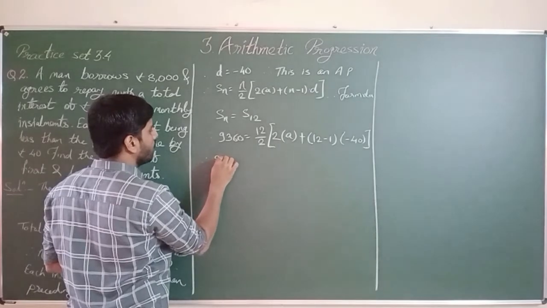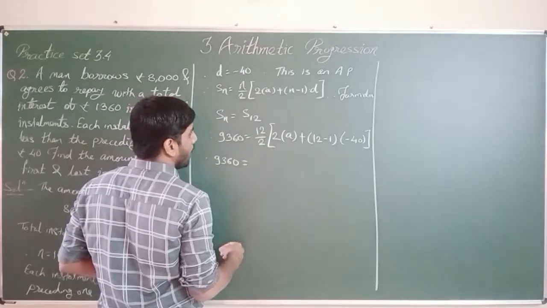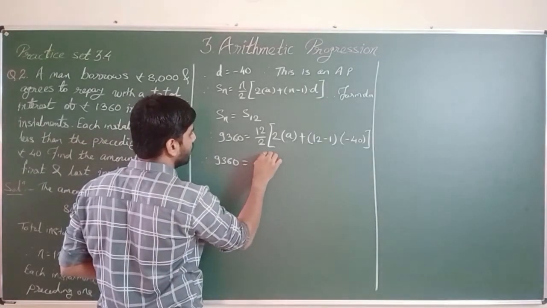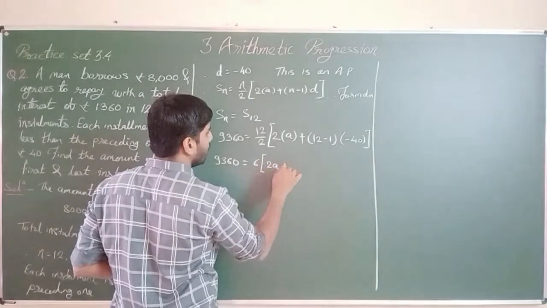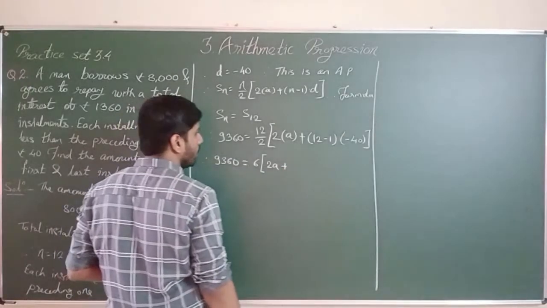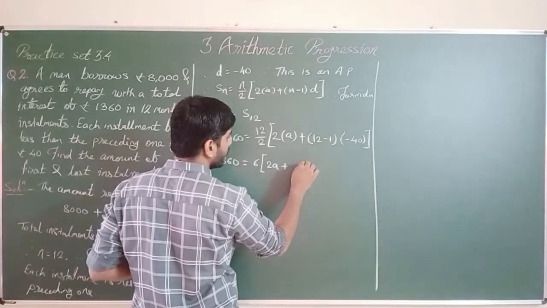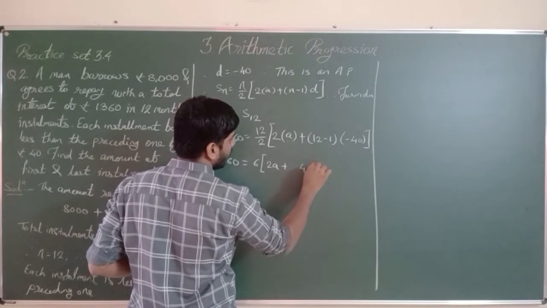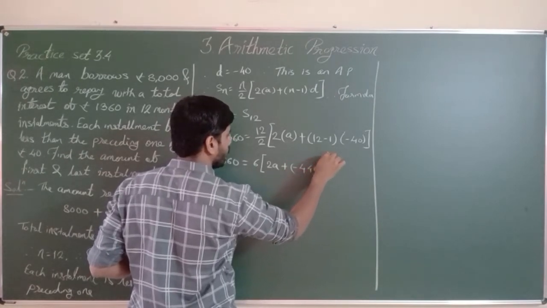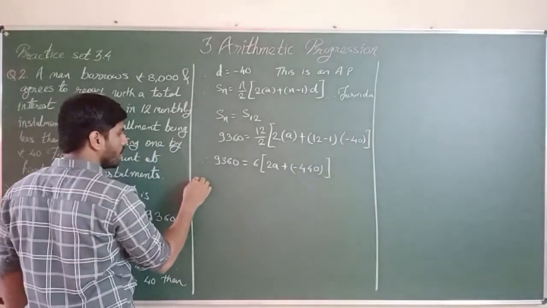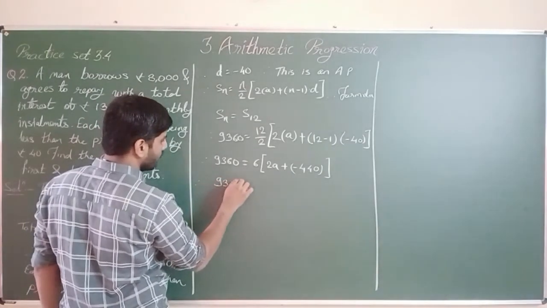Therefore, 9,360 is equal to half of 12 is 6 times 2a plus 12 minus 1, that is 11, into 40, that is 440, which is going to be negative. So this also can be written as 9,360.